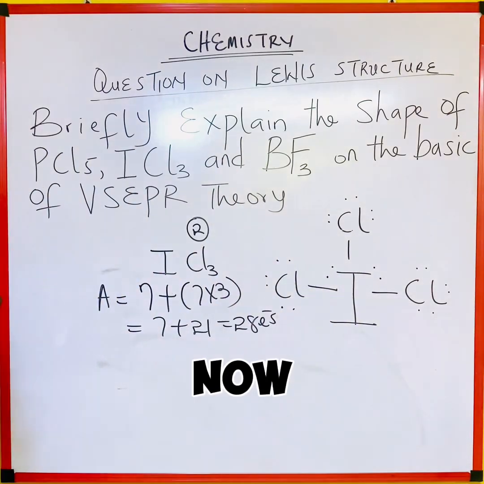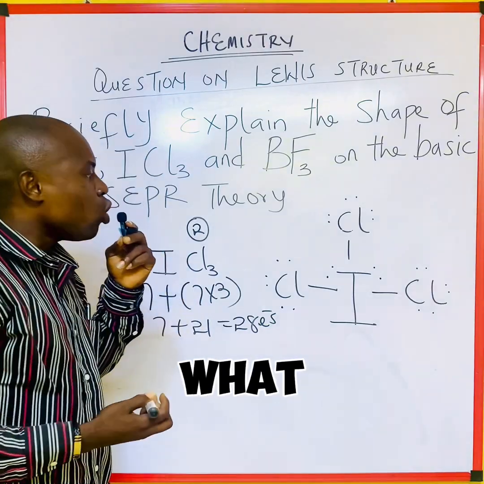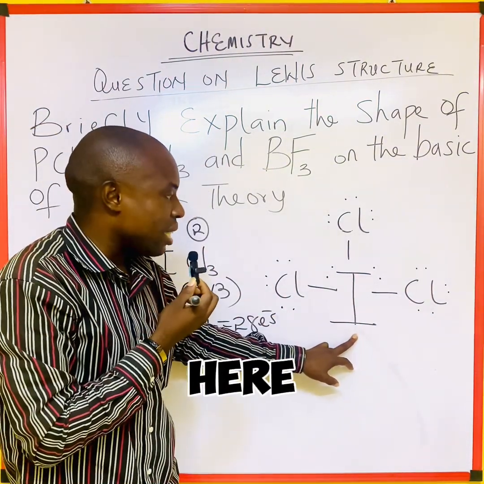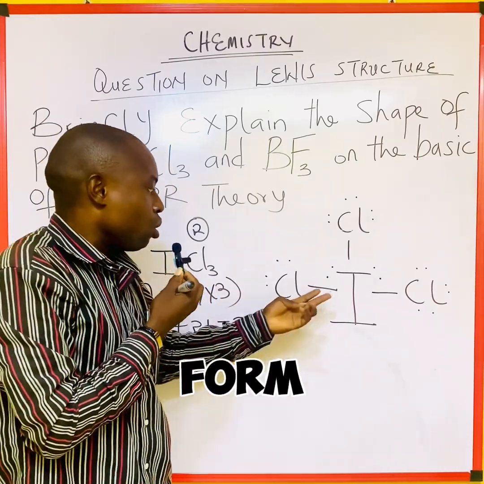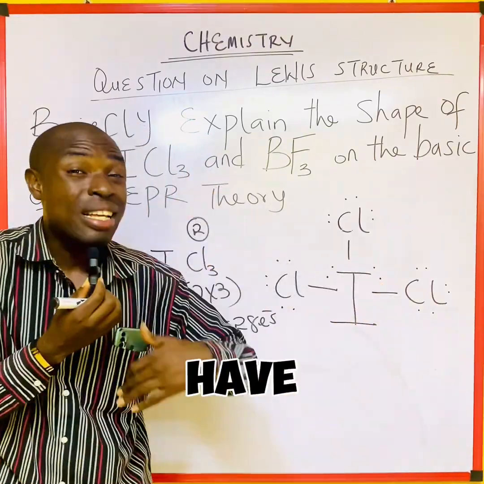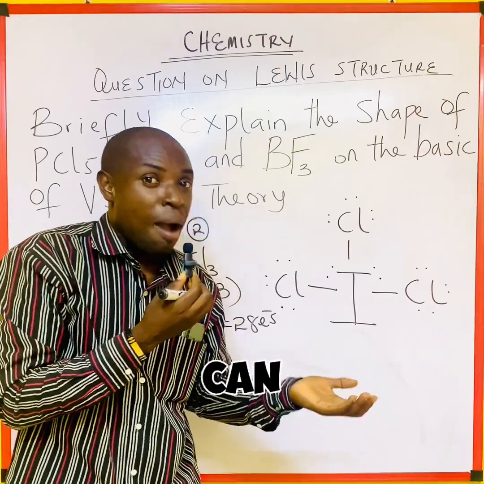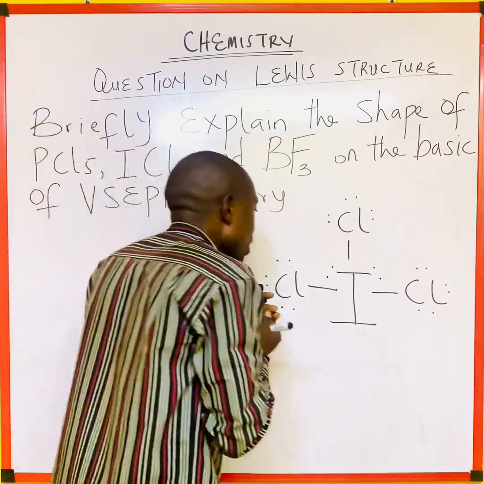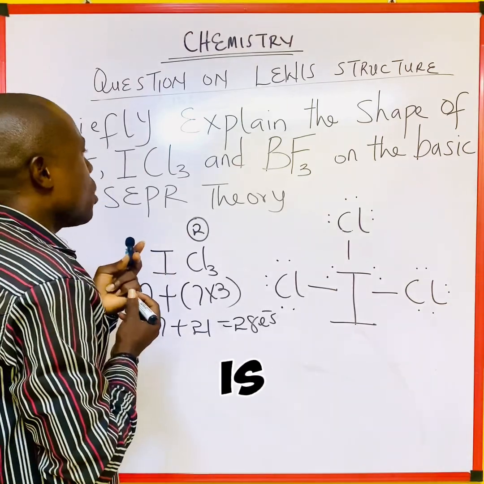Am I correct? So that is how it is. You observe that this iodine atom is now in its octet form, 2, 4, 6, 8. Though we have exceptions, it can be less, it can be more, but just know that what you are doing is correct.